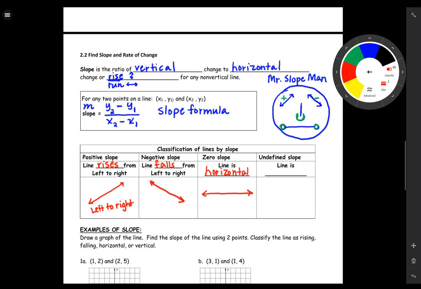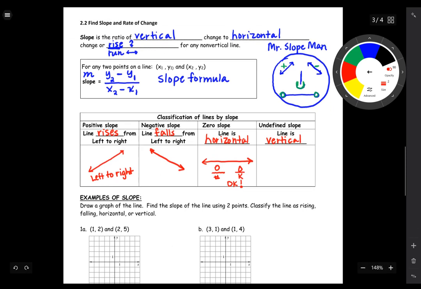And if you go back to basic fraction skills, if you have 0 in the numerator and you're dividing by whatever number is in the denominator, it's okay to do. It's not okay if 0 is in the denominator. It's bad. So lastly, if a line is vertical, it has an undefined slope.